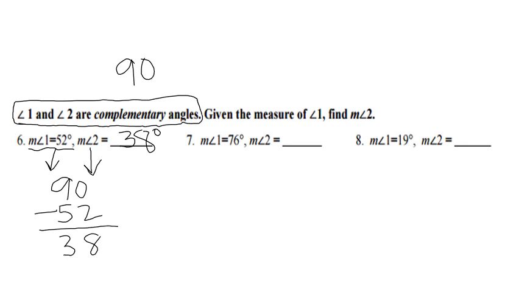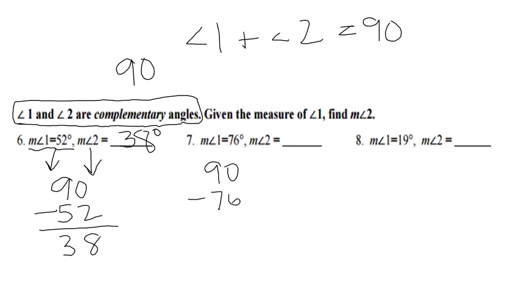Okay, so that's the easiest way to do those when they're just numbers like that. When it's algebra, you would actually have to set something up that says angle 1 plus angle 2 equals 90. But in this case, because it's just numbers, we can pretend that it's money. So here they're still complementary, but we spent a lot of money in the first store.